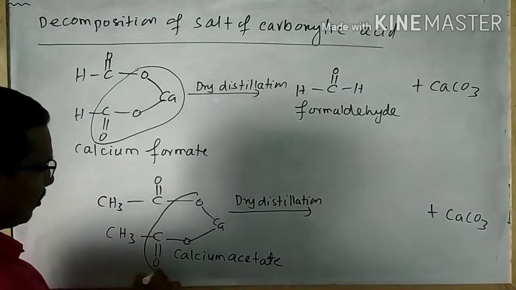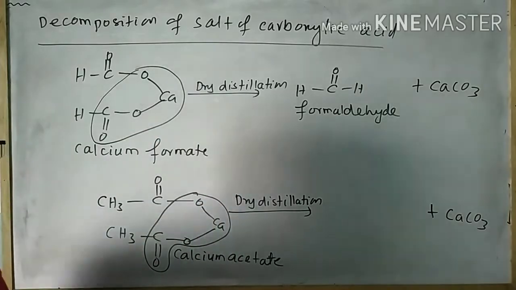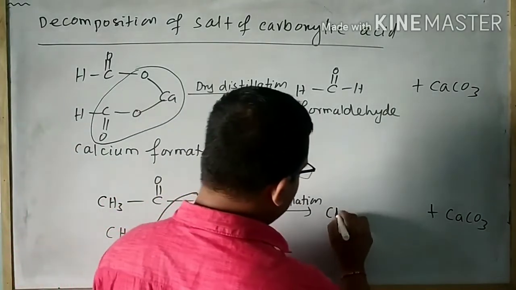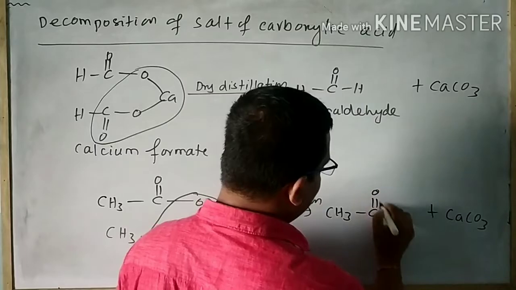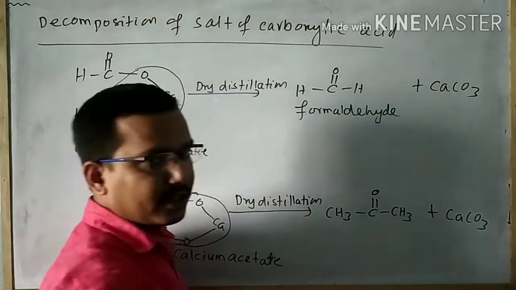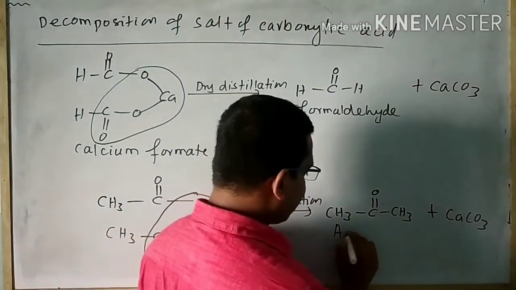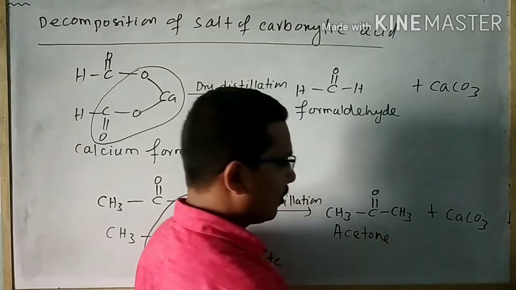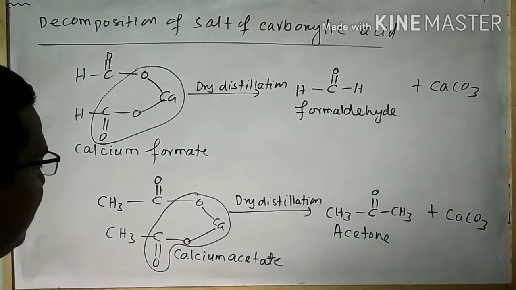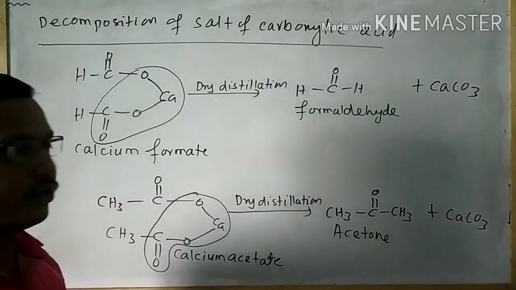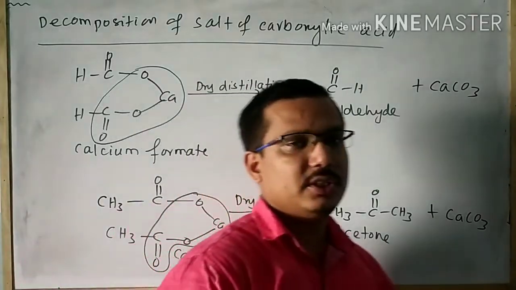This is your calcium carbonate, and the rest is CH3 bond C double bond O bond CH3. The name of this compound is said to be acetone. For this reaction, the statement is when calcium acetate undergoes dry distillation, then acetone is formed.